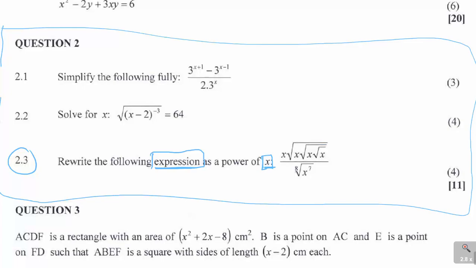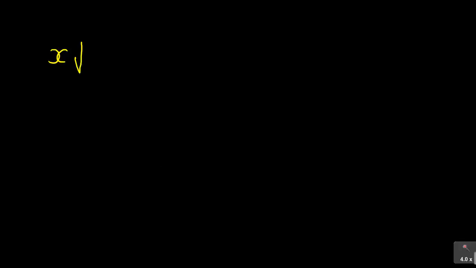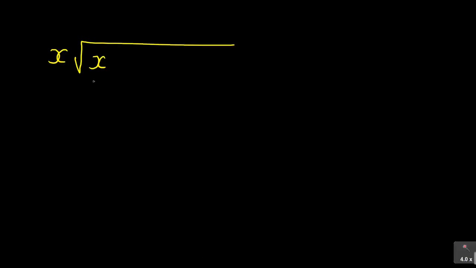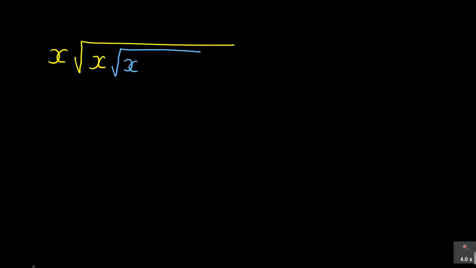So what I have, if I can write it, I have here x. That's how they brought it. They brought x, and then the first big square root with x inside it, and then another square root which has x inside, and then another square root with x inside.